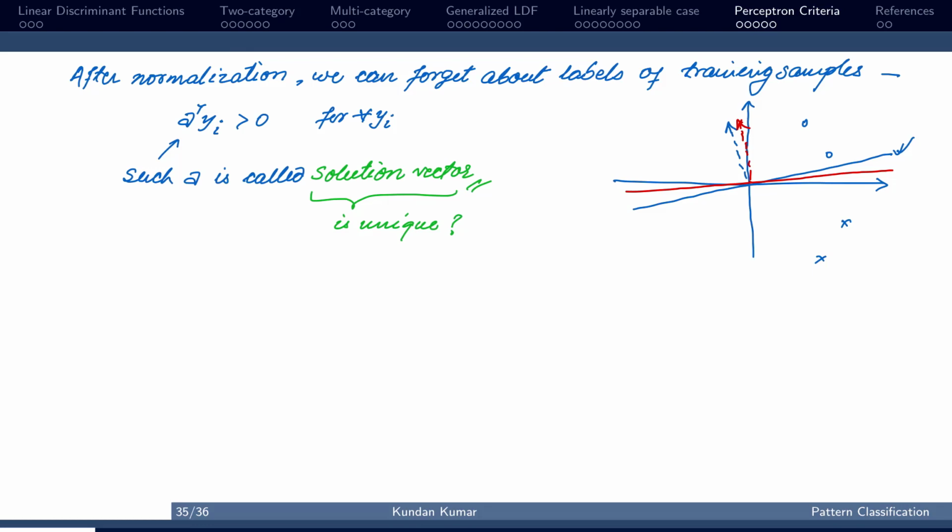We may have a decision boundary something like this, and in this case we will have another solution vector. So that means we don't have a unique solution vector, and this vector may lie in a region. We can define a certain region in which the vector will lie. So our observation is that the solution vector is not unique.